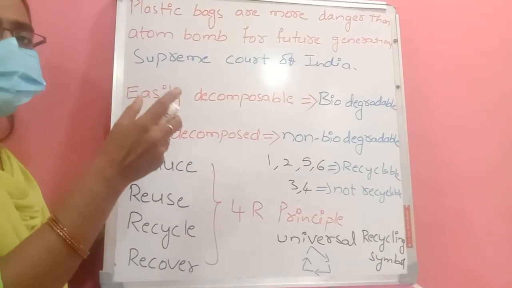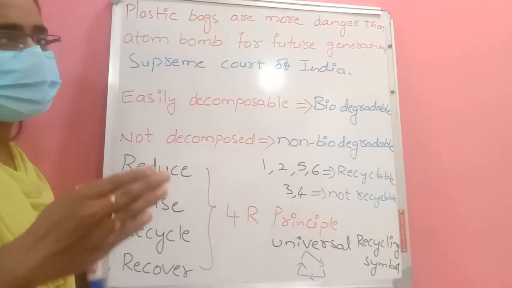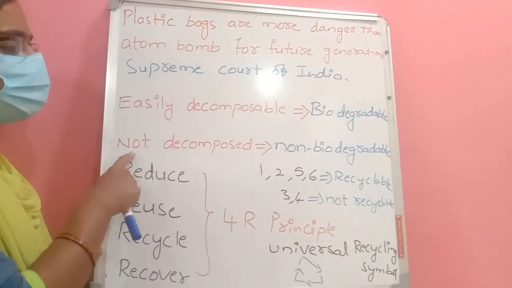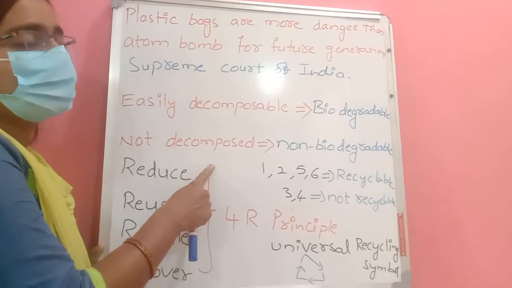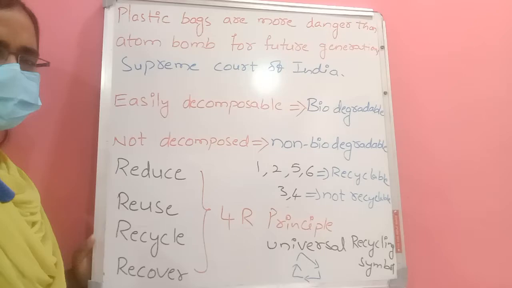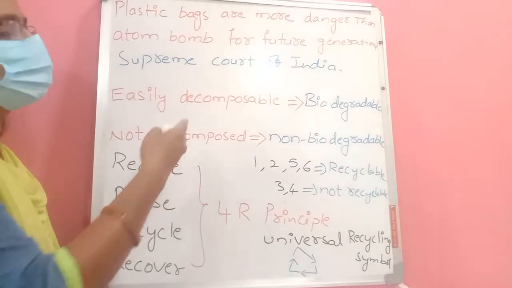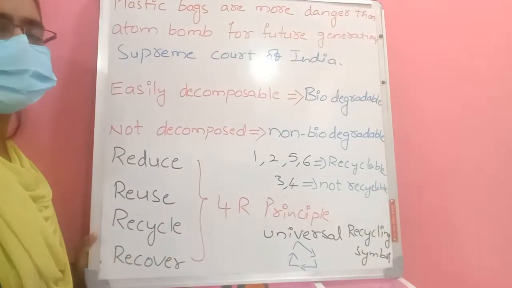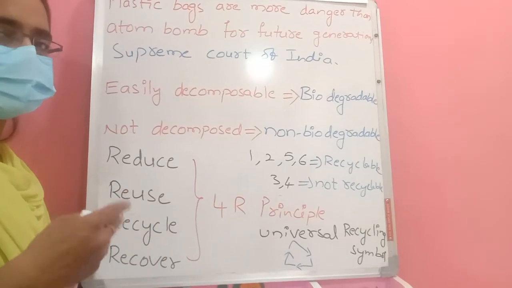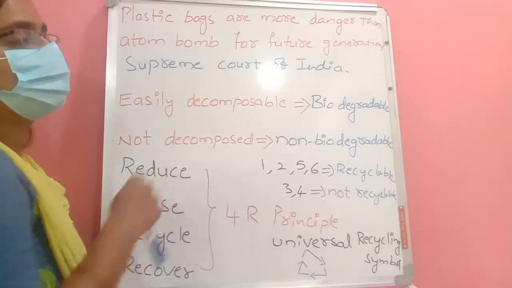Substances which can easily decompose in the earth are called biodegradable. Those which do not decompose easily are called non-biodegradable. If you throw a banana peel or any food item onto the earth, it is easily biodegradable. After 2 to 3 days you cannot find any banana peel or food item there, because it decomposes into the earth.